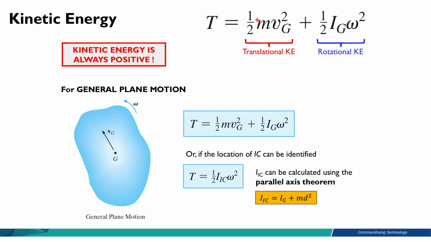There is no such thing as negative mass. And also the mass moment of inertia must be positive. V can be negative, but since V is squared, and also omega can be negative, but because omega is squared, therefore the kinetic energy must always be positive. That is about the kinetic energy.